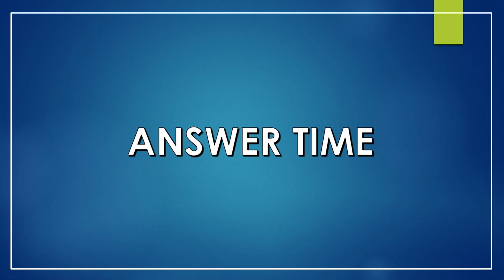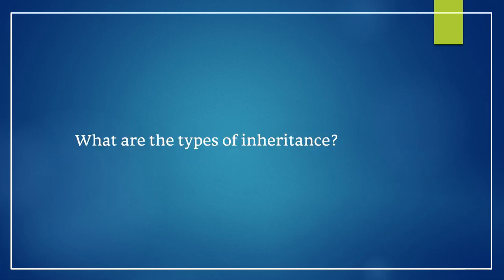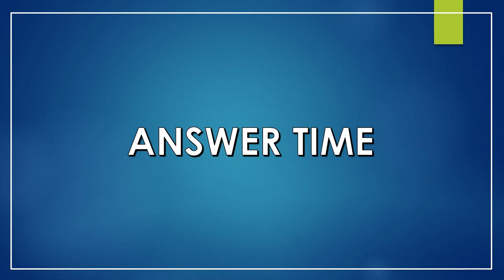This is inheritance. What are the different types of inheritance that are supported in Java? Java supports single inheritance, multi-level inheritance, hierarchical inheritance, and hybrid inheritance. Java does not support multiple inheritance because it would lead to a diamond problem. Single inheritance is where you have a parent class and a child class.